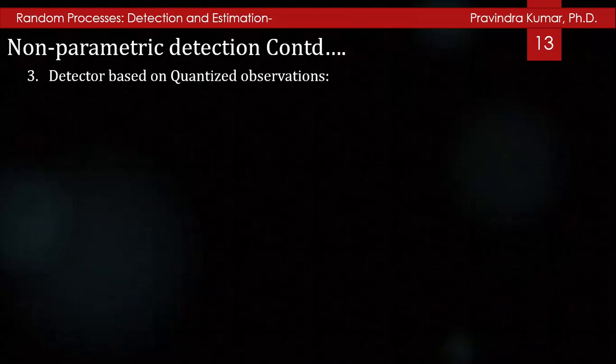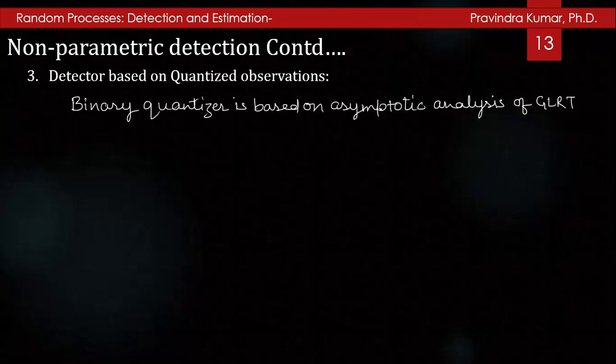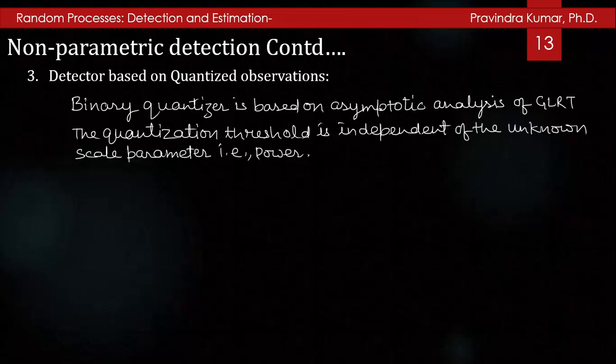Now the detector based on quantized observation. In practice, a wireless sensor network detects a Gaussian signal with an unknown change of power. Due to power and bandwidth constraints, we can consider that each sensor quantizes its observation into a binary digit, and the binary data are transmitted through a noisy channel.